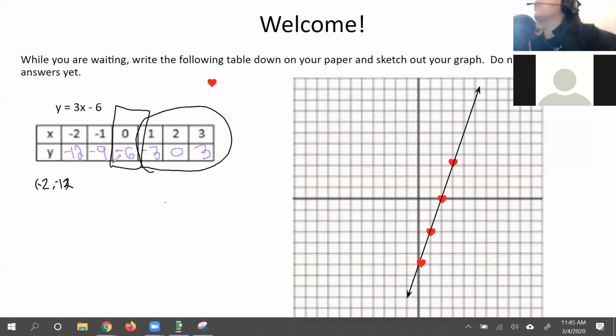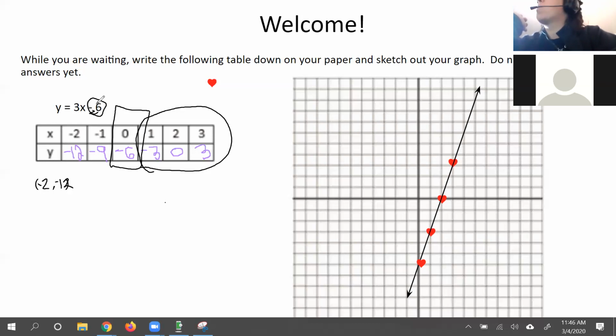Remember from last week, when you have x equals 0, you have a y-intercept. Cool. And what is my slope of this line? And you're right, Malachi, very good point. And -6 is at the end of my equation. Yeah, all of that tells you what the y-intercept is.